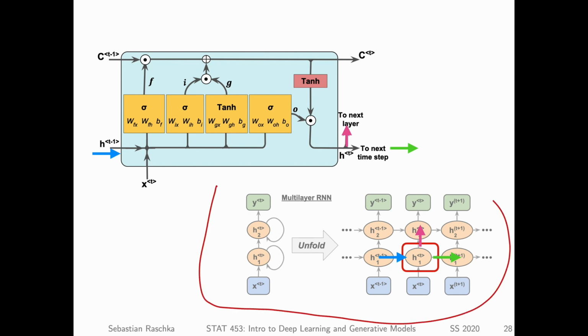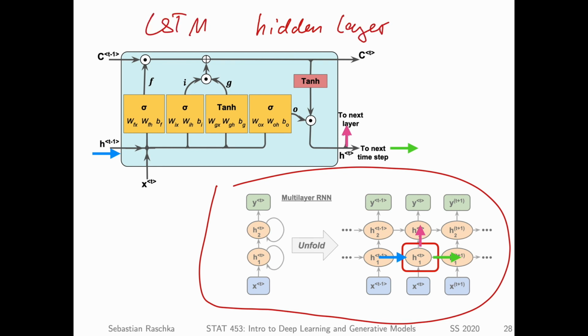So the first step is providing you with some context here. In the upper left corner, I'm showing you the many-to-many sequence modeling task with a multi-layer RNN that I showed you before. And the LSTM now takes the place of the regular hidden layer. So we still call this whole thing the hidden layer. I mean, it's an LSTM now, but it is sitting right here for the current time step t. And it receives as input the activations from the previous time step, like before.